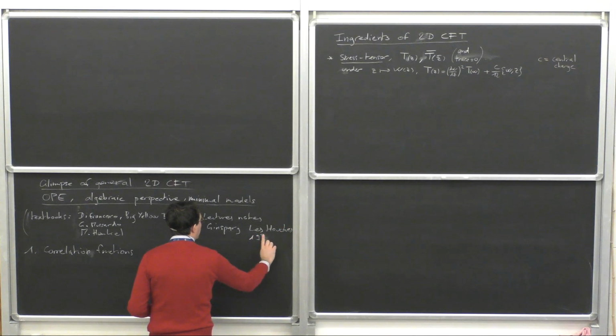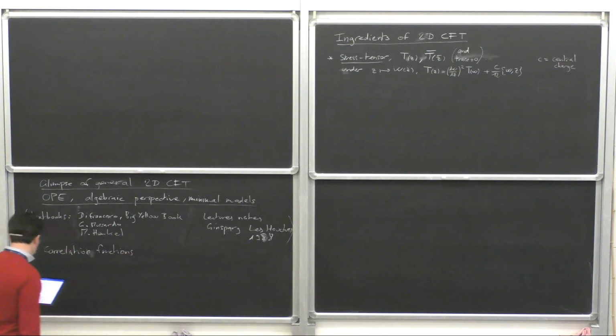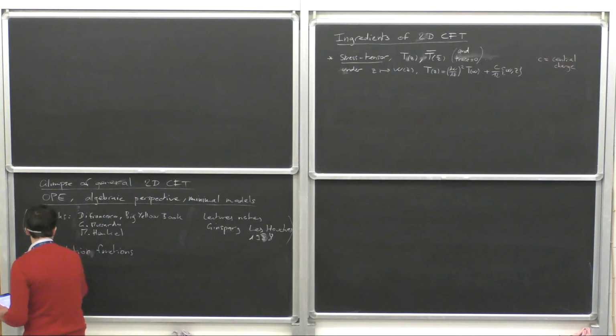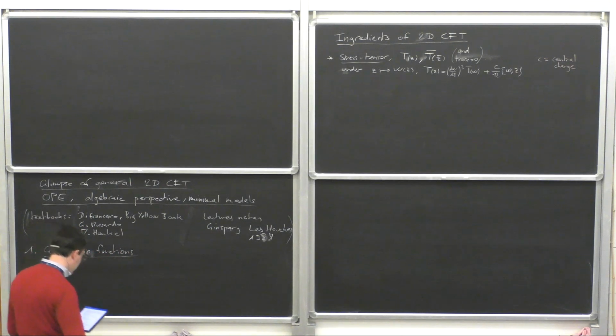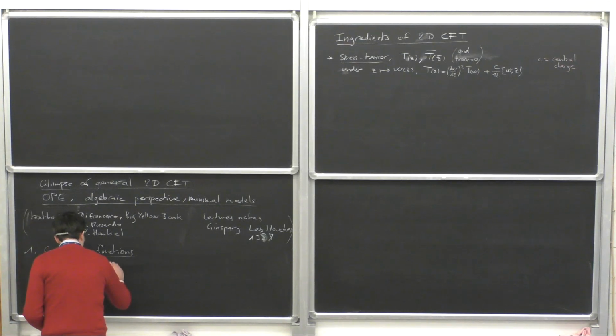So it's old, but it's still an excellent reference that you find on the arXiv. Okay, so correlation functions. And let's discuss covariance under conformal maps.